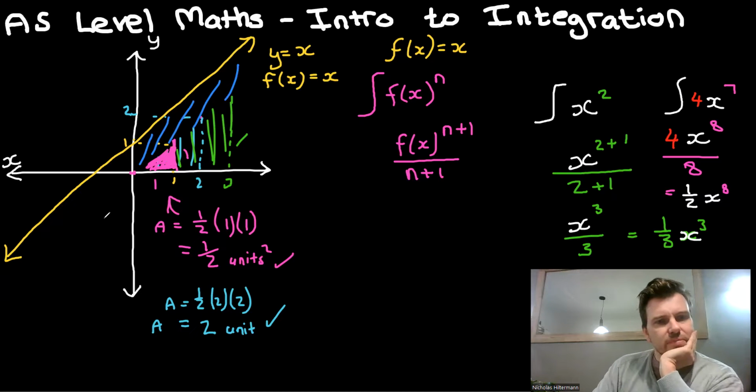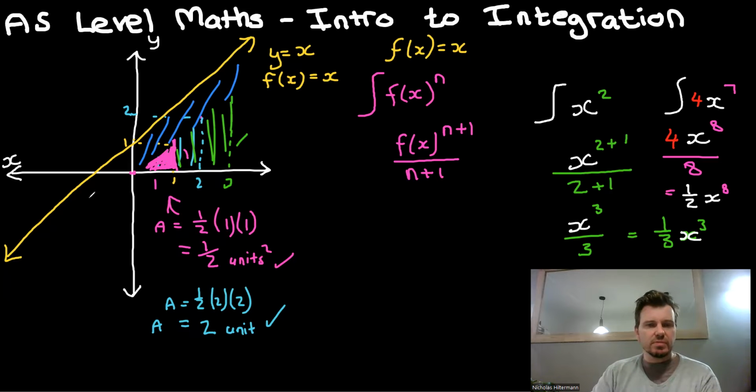But of course, my slope hasn't changed. So how do I account for this new blue area? Because it's got the same graph. So let's see what the integral of that graph was.